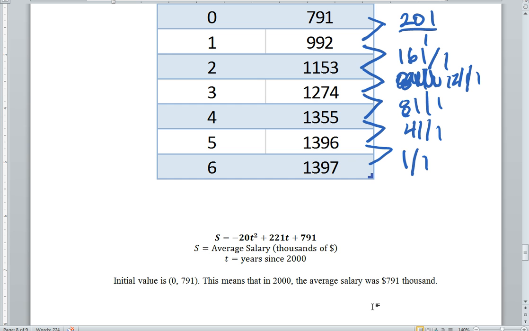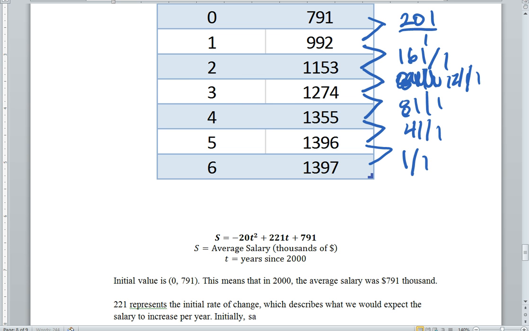So we would describe 221 as the initial rate of change, which describes what we would expect the salary to increase by per year.